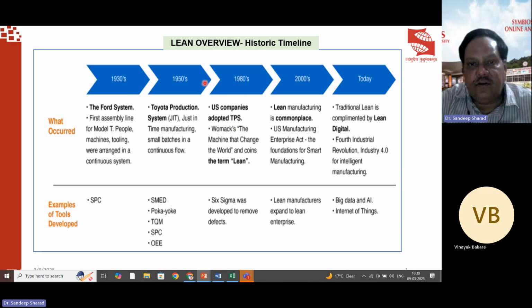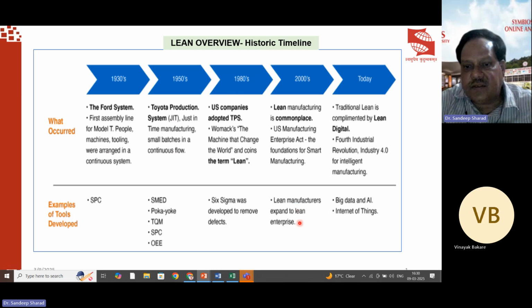Continuing further, in 1988, US companies adopted the TPS format, the machine that changed the world, and coined the term lean. Six Sigma was developed to remove defects. Moving further into the 2000s, lean manufacturing is commonplace. The US Manufacturing Enterprise Act laid the foundation for smart manufacturing.